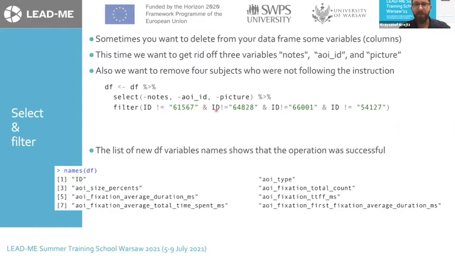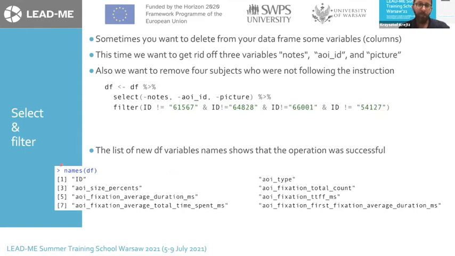And ID not equal to this one, and ID not equal to this one, and ID not equal to this one. Pay attention, this is logical not equal. Exclamation mark equals, it's not equal. So we want to get rid of any data we have from these 4 guys. It will filter out their whole data.